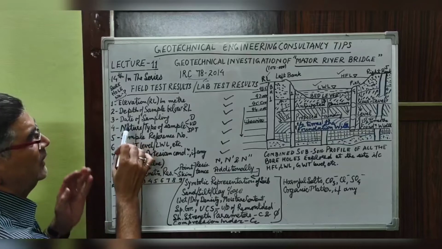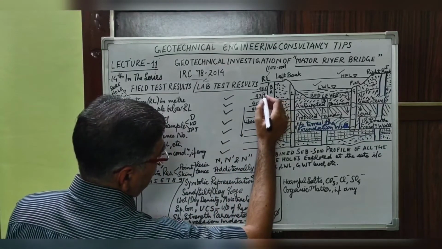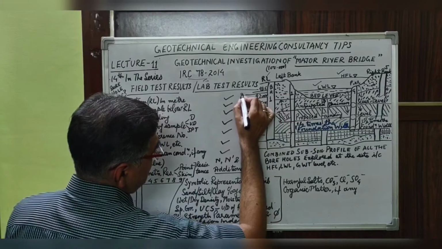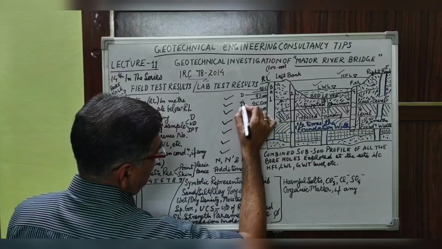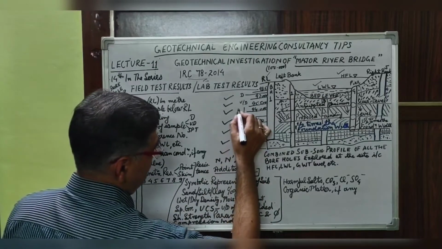Then we have to mention the depth of the sample. Say for example, we are collecting one disturbed sample here, one undisturbed sample here. This is just for the sake of example, and one SPT sample here.